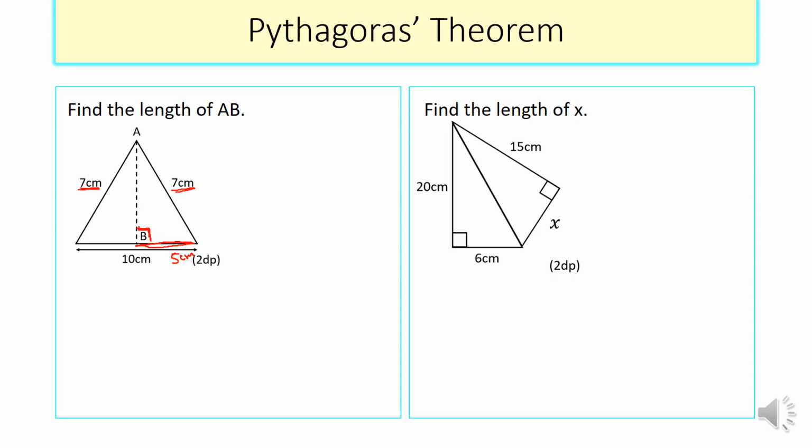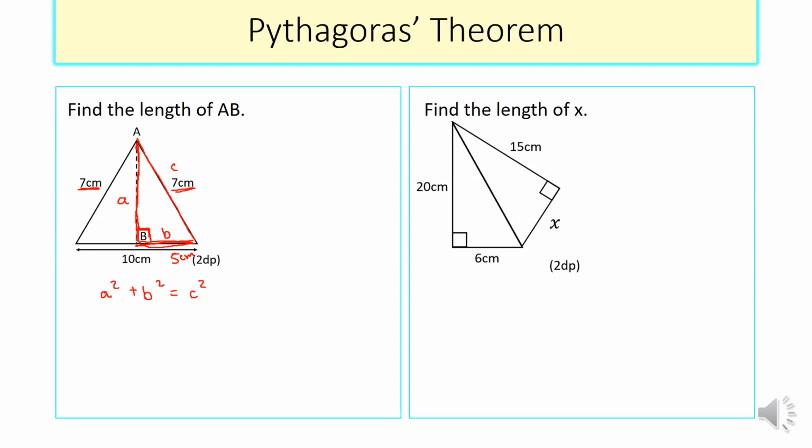So I can now do that by looking at the half of the triangle, which is a right angle triangle. So I can label the sides. Let's say this is going to be A, this is going to be B, and the hypotenuse is C. So A squared plus B squared equals C squared.